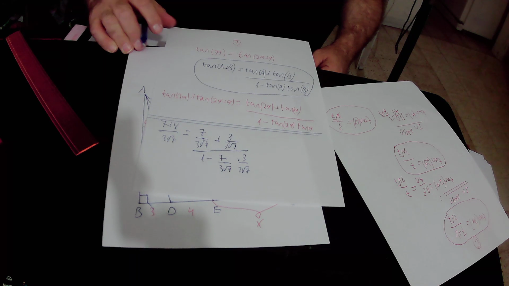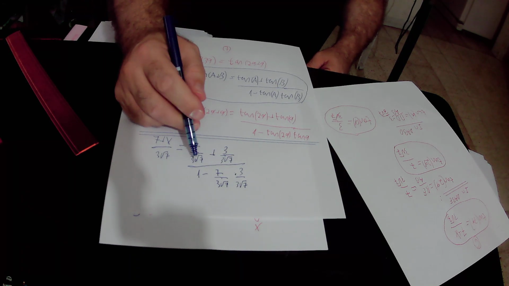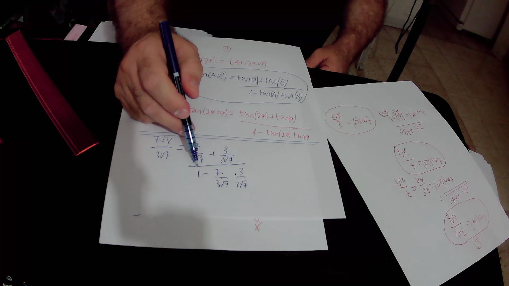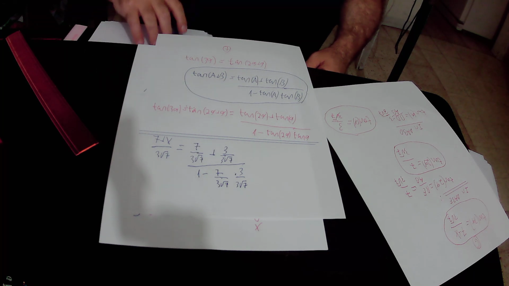Here we will substitute 1 by 3 times root 7 times 3 times root 7 over 3 times root 7 times 3 times root 7, in order to have a common factor of this expression.